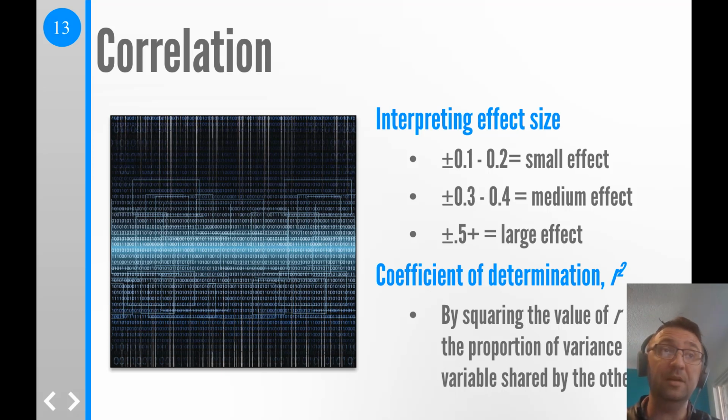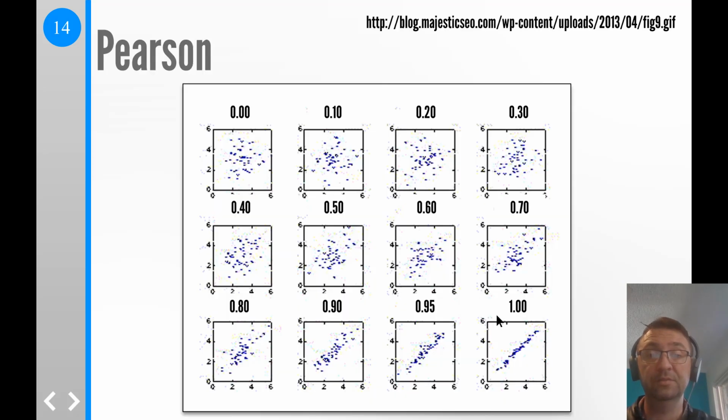This is quite a powerful thing, and it allows us to put real numbers and weights on various explanatory factors. We'll do some more on R squared in a sec.